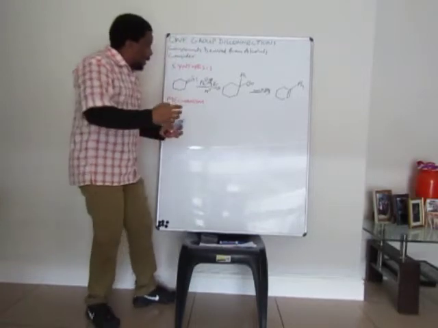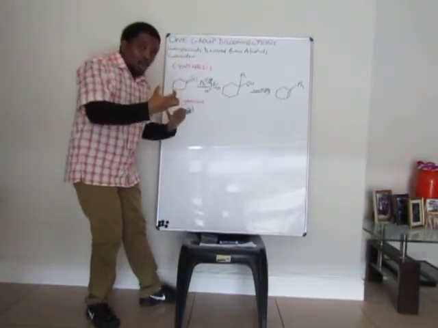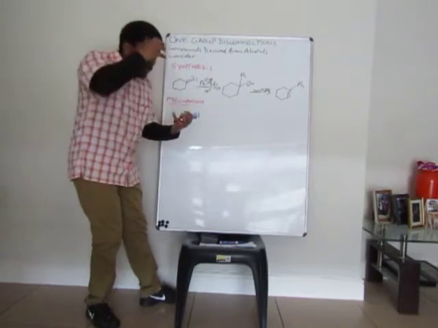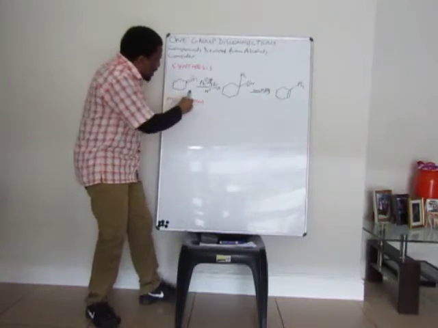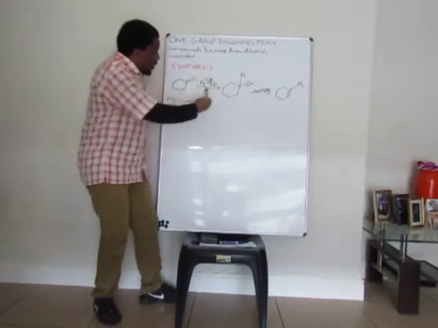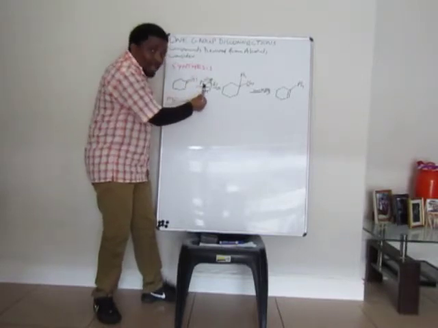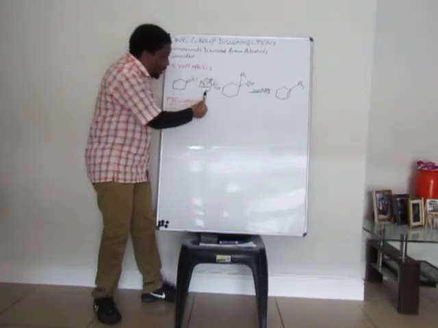Now, we have already gotten our smaller molecular components. We ended up with a cyclohexanone, then our Grignard reagent, in this case our phenyl Grignard reagent, and our acid, H+.